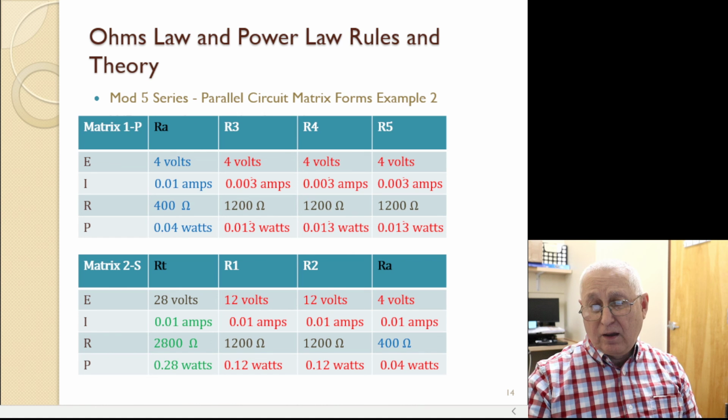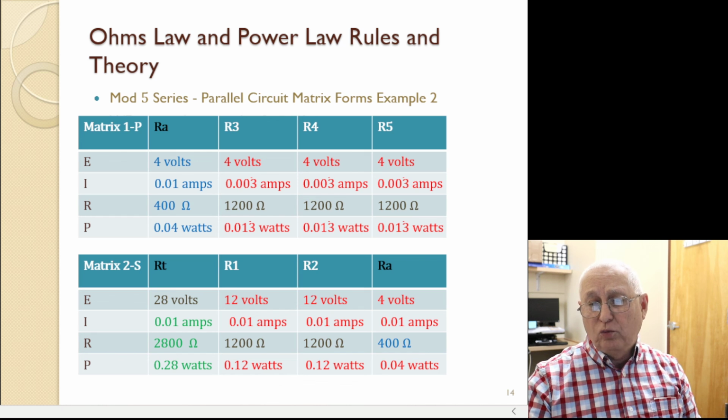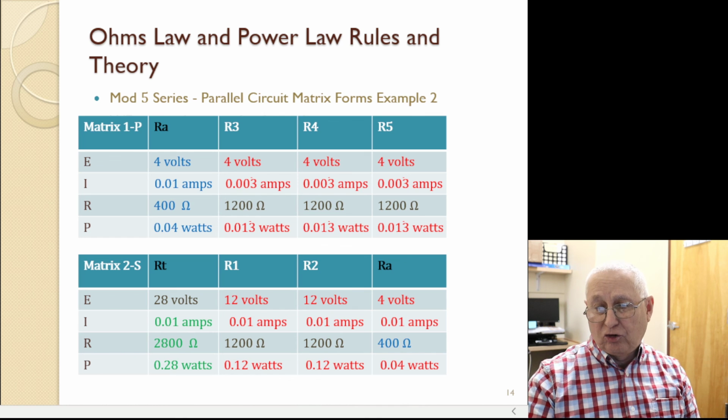Looking at it kind of together, you can see here's my RA, here's R3, R4. All those values that we just discussed are right there for the parallel matrix. Matrix 1-P, matrix 2-S gives us the information for R1 and R2, and also RA, and if you notice, they match.